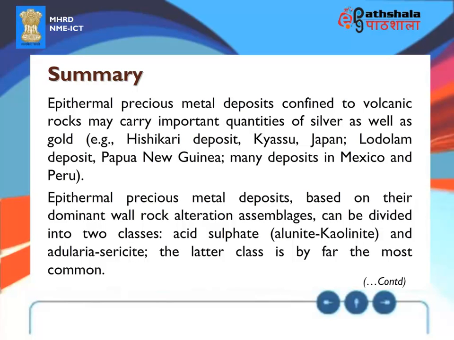Epithermal precious metal deposits, based on their dominant wall rock alteration assemblages, can be divided into two classes: acid sulfate, alunite, kaolinite, and adularia sericite. The latter class is by far the most common.